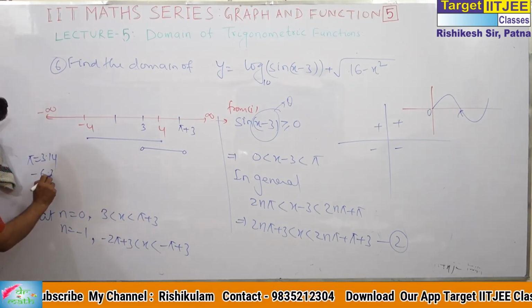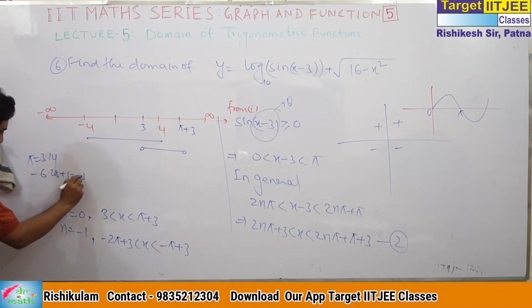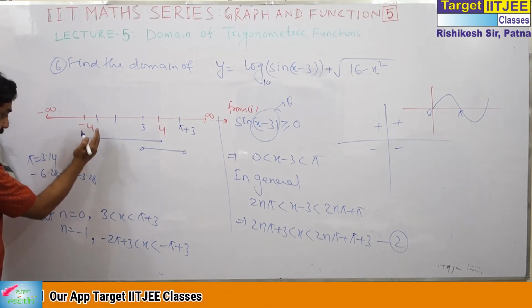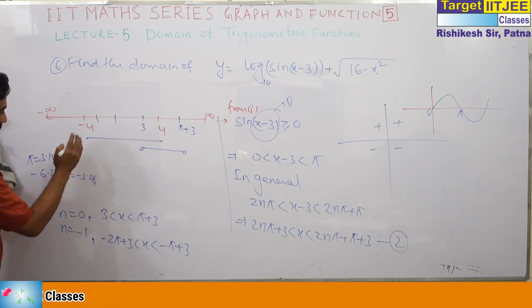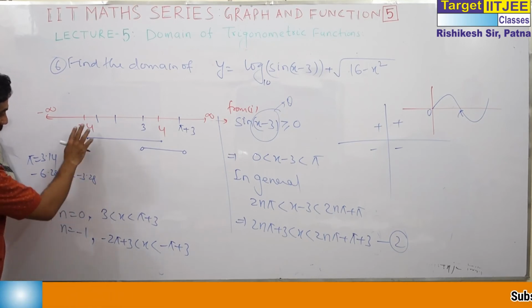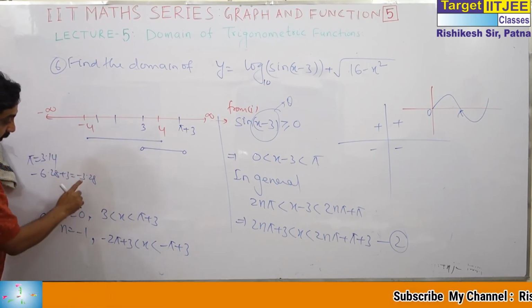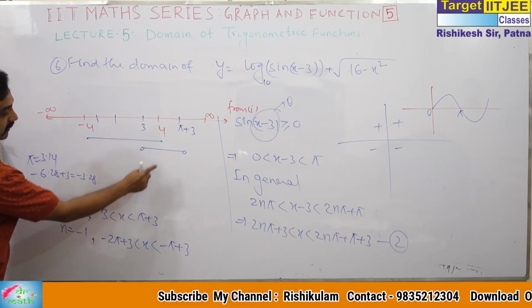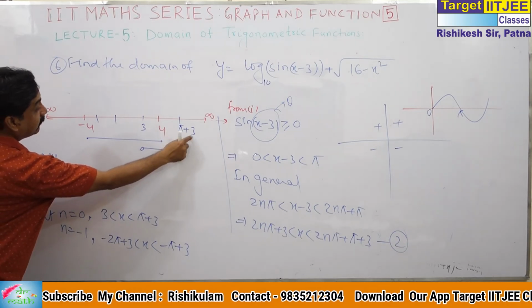This is minus 6.28 plus 3, which is minus 3.28. Will you write minus 3.28 or minus 4? How to decide? Take pi as 3.14 plus 3.